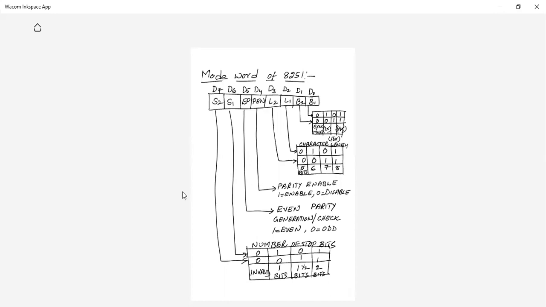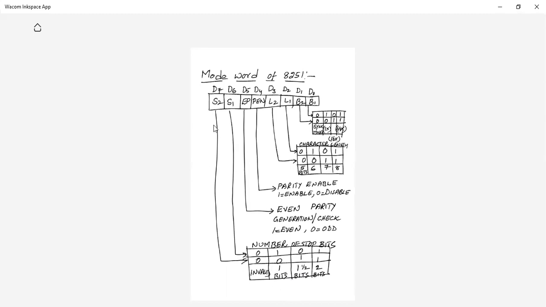So the receiver always requires only one stop bit. One stop bit is enough. After getting the one stop bit, the receiver immediately stops the data receiving operation, right? So on the transmitter side, the transmitter may send one stop bit, or it may send 1.5 stop bits or 2 stop bits. Receiver requires only one stop bit.